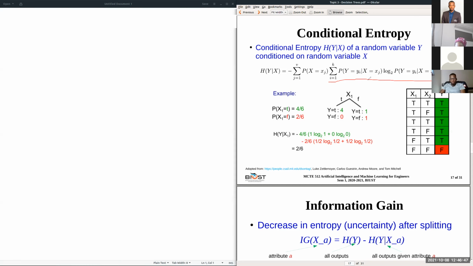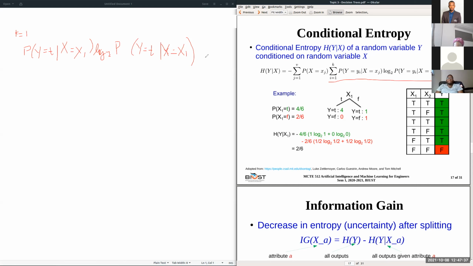So this part, when K is equal to 1, you have P of Y output true given X input equal to X1, times log 2 of P of Y true given X equal to X1.